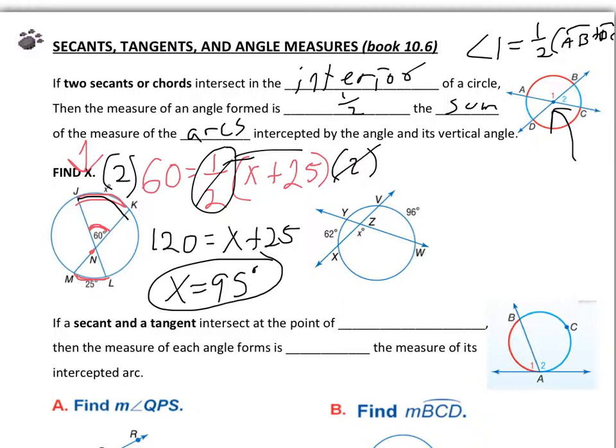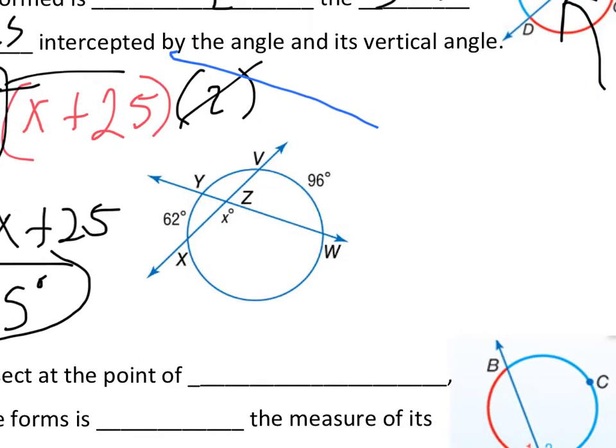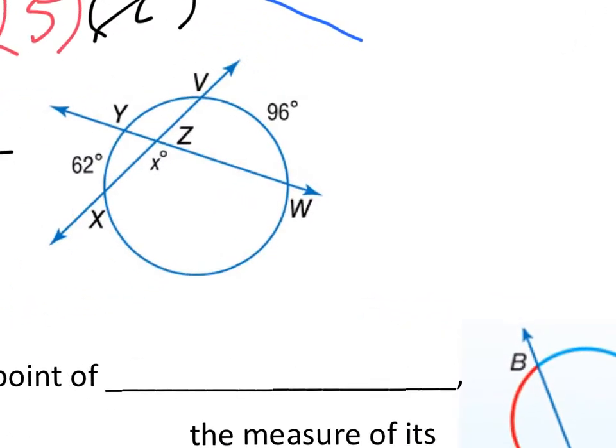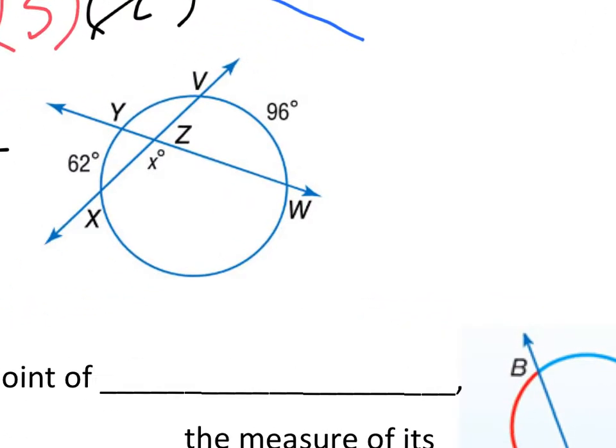So let's look at the next example. So here we have angle Z, what we're looking for. Notice I have the arcs of these two, so it's possible to find this angle.